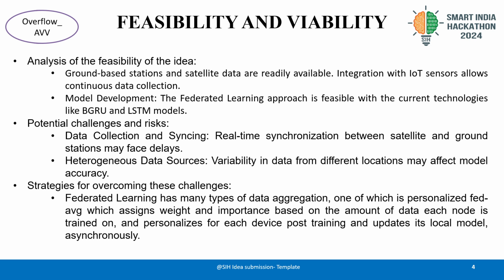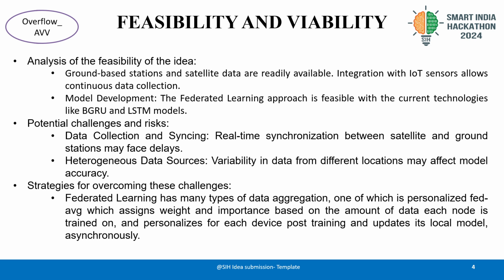The strategy for overcoming these challenges is a federated learning data aggregation method called personalized FedAvg, which assigns weight and importance based upon the amount of data each node is trained on, and it personalizes for each device post training and updates its local model. Asynchronously, each node will update its weights and biases along with how much data it has been trained on, and the global model will be updated to the nodes on the next day.